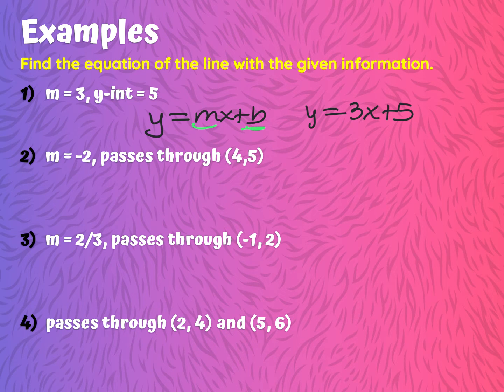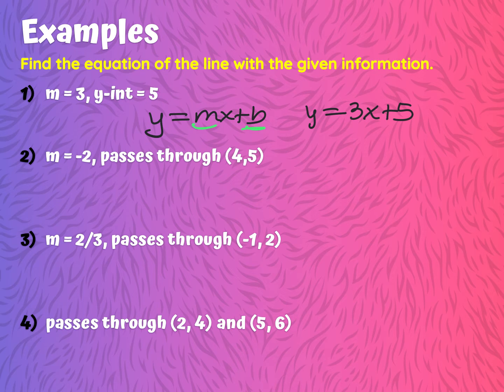That's simple. Now, when you're given an ordered pair, we have two options. We can either plug it into y equals mx plus b or plug it into point slope. And I can show you both ways on this one.